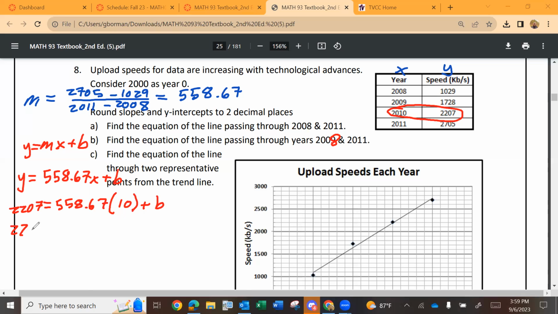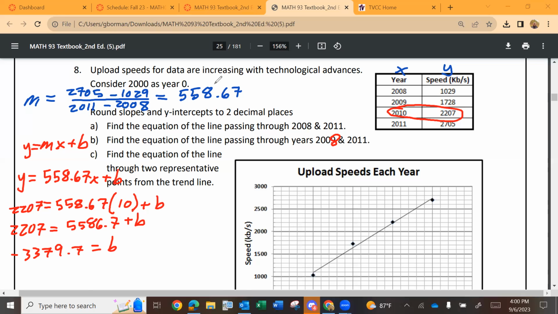I'll multiply on the right side and get this number, and then subtract that number from both sides. 2207 minus 5586.7, and we get negative 3379.7 is b.